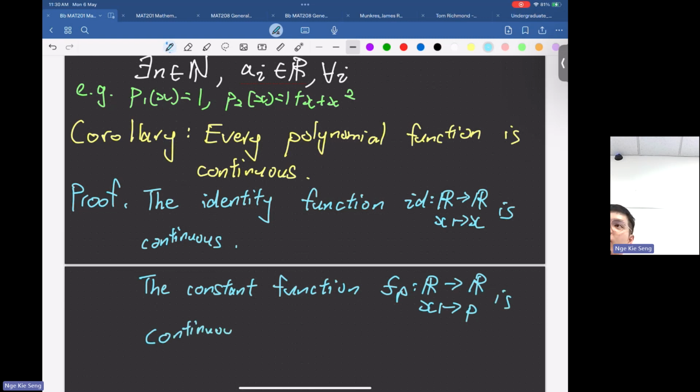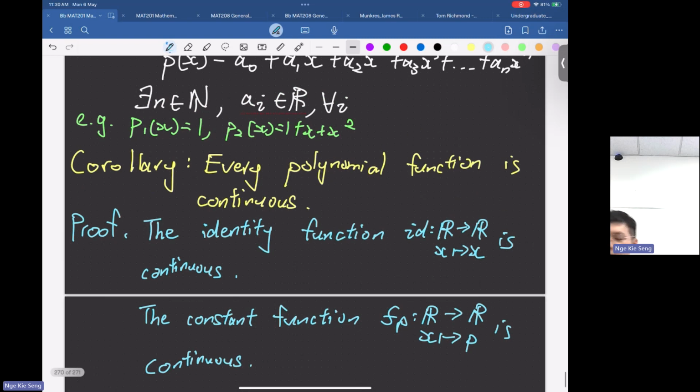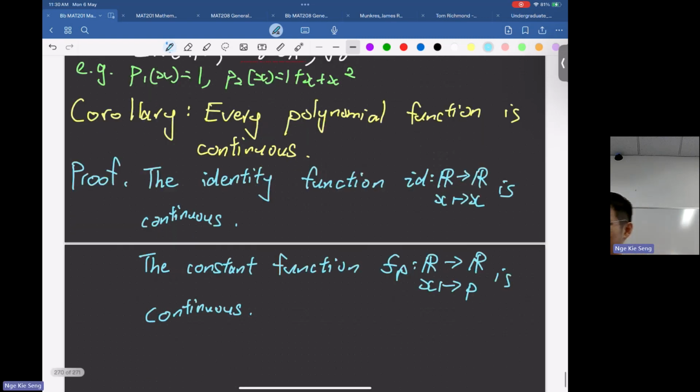So we have established that the constant function is continuous, and the identity function is also continuous. Then using constant functions and the identity function, you can build all the polynomials. Does it make sense? You believe me or not? Seems like you don't believe me.